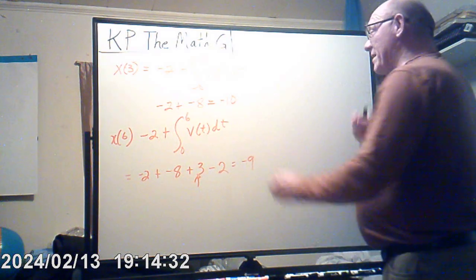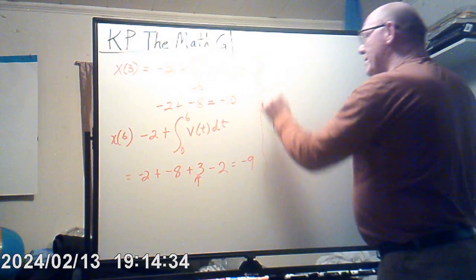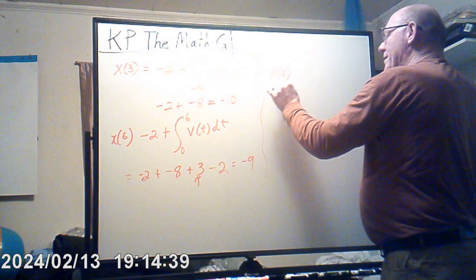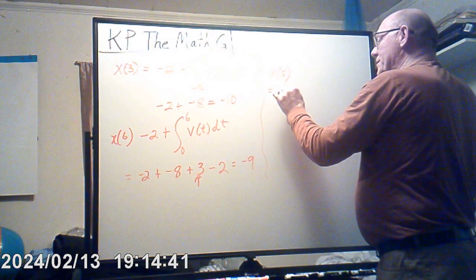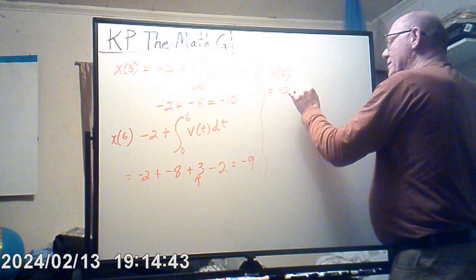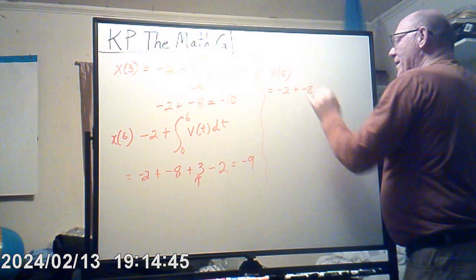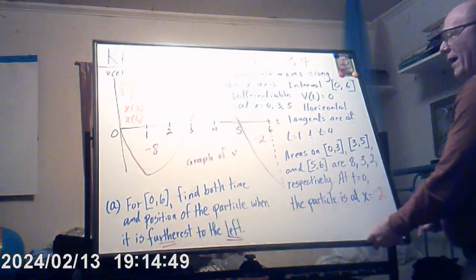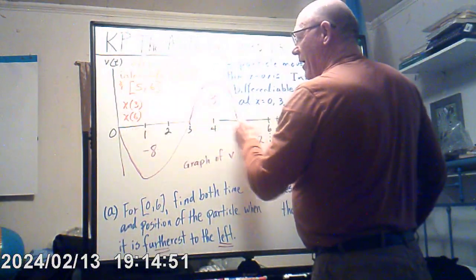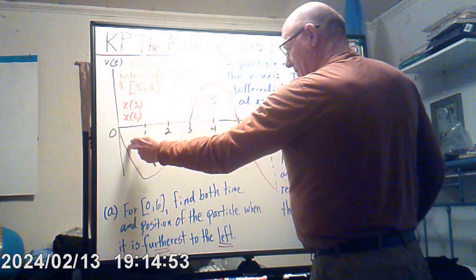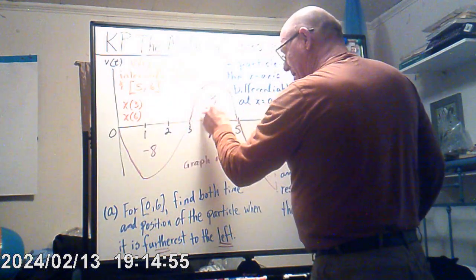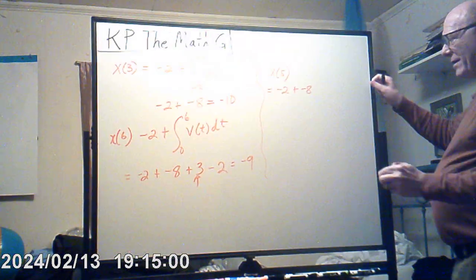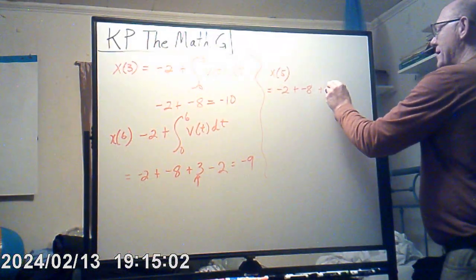We could do x at 5 if you wanted to. We already know it's negative 2 plus negative 8. If we do 0 to 5, you already start at negative 2, you add the negative 8, and then just add the 3 there. But you're going to see that's why you don't really need this one.